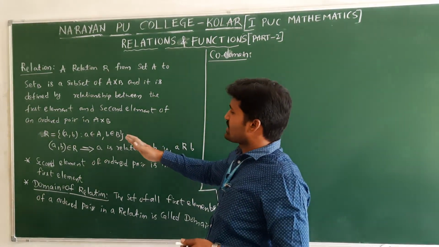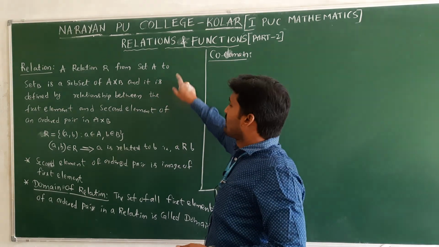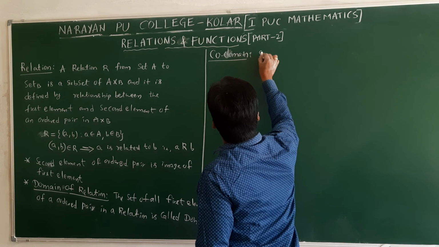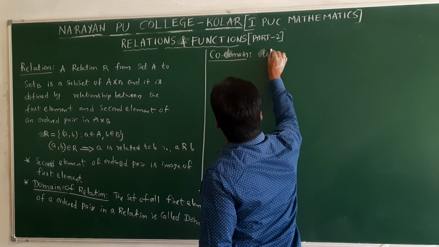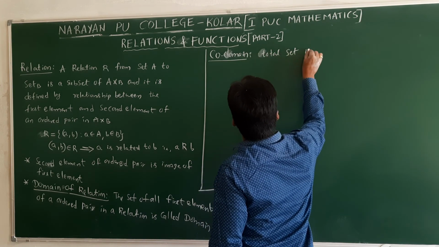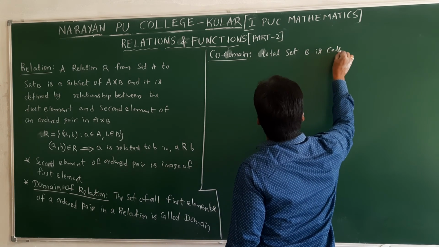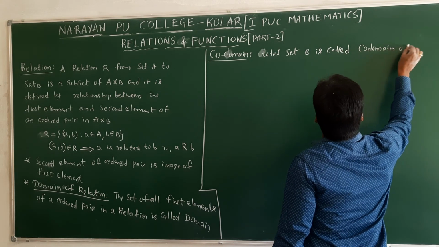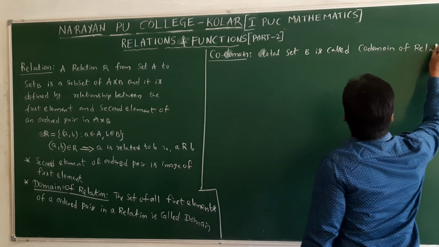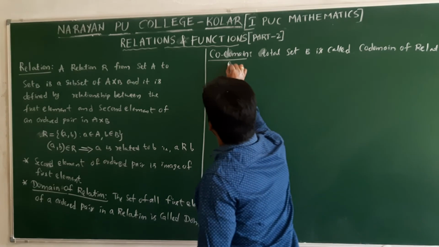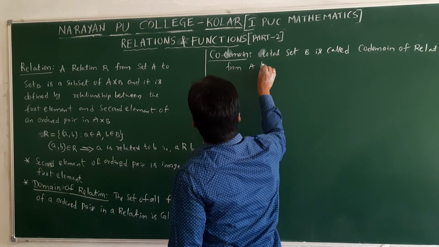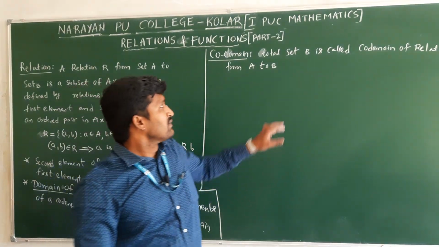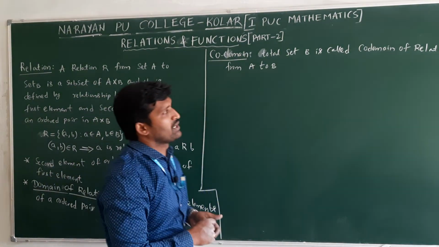The relation is built from set A to set B, which means the complete set B we call the codomain. The total set B is called the codomain of a relation from set A to B. If you find the relation from set A to set B, then set B is the codomain of the relation.